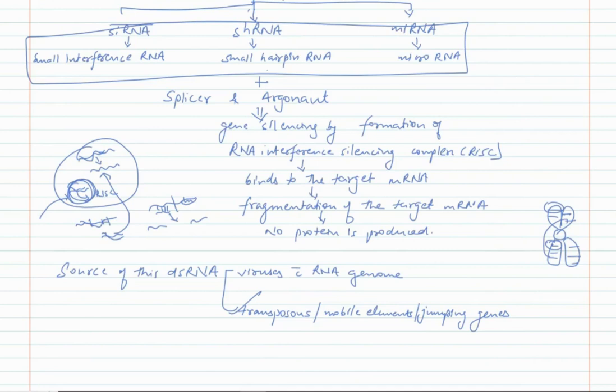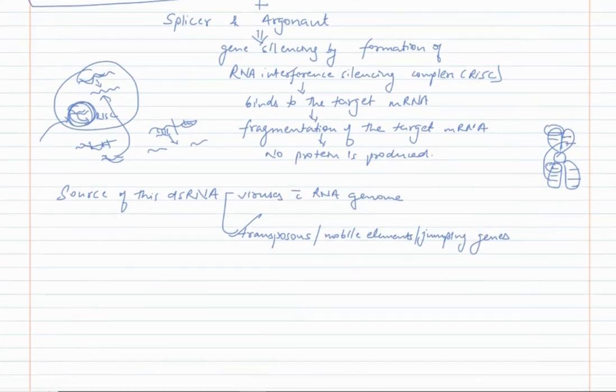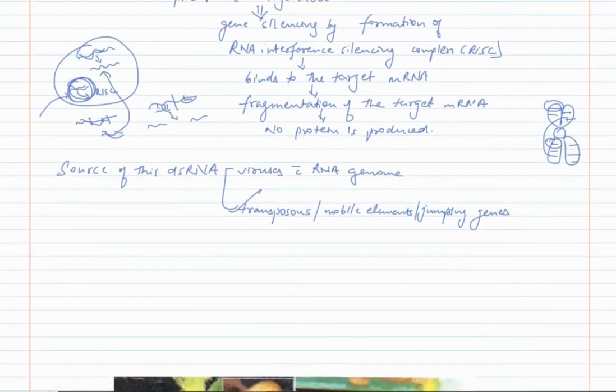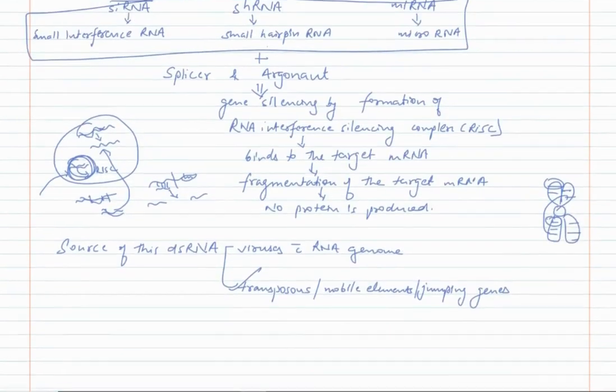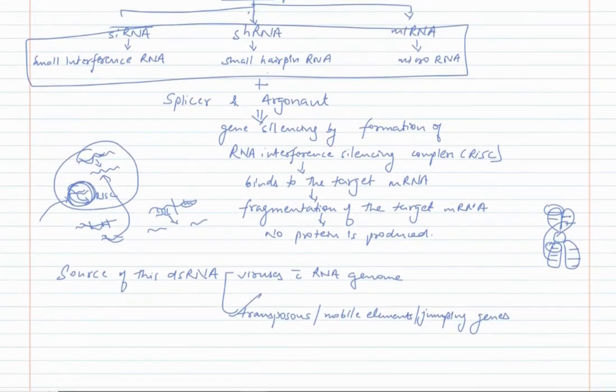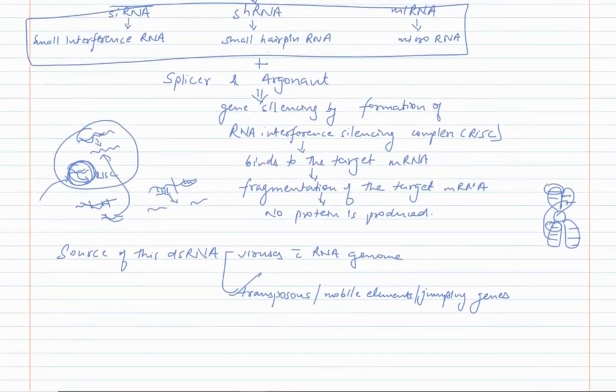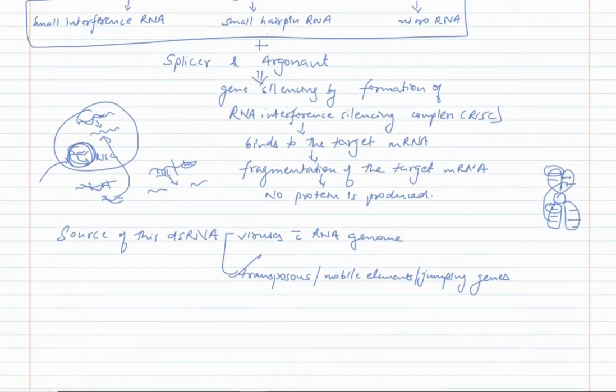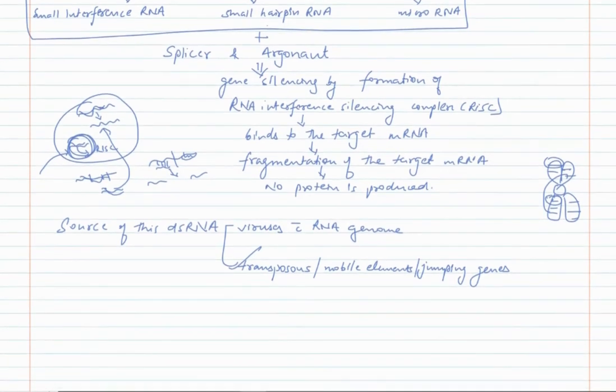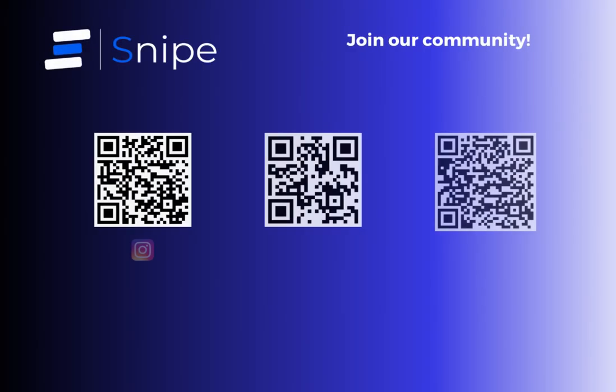So these transposons can be used to deliver this double-stranded RNA to the required cell, and this will act as a source of double-stranded RNA. By the machinery of dicer, slicer, argonaute, etc., it will be converted into the RNA interference silencing complex and will ultimately lead to fragmentation of target mRNA, and thus no protein will be produced.